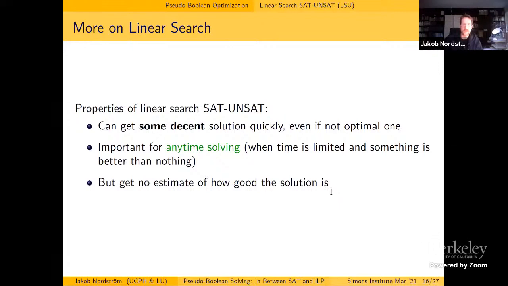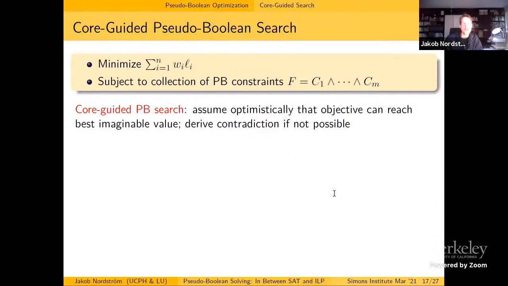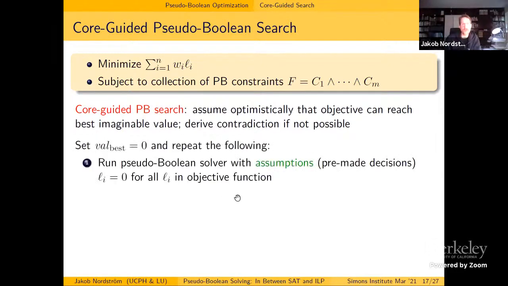Another interesting idea, also from MaxSAT, which is the dual, is to do core-guided search. So now you say, okay, here's my objective. Let's be optimistic. The best possible scenario here would be that it's possible to set all literals to 0. That would give minimum 0. I'm assuming again here that all the w_i are non-negative. I'll run my solver with assumptions, so pre-made decisions for setting the whole objective function to 0.